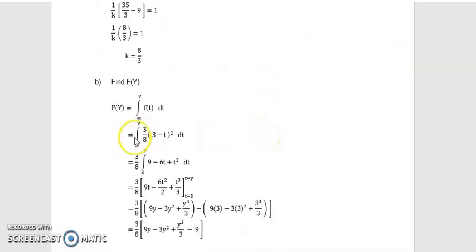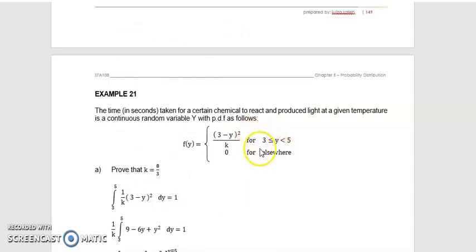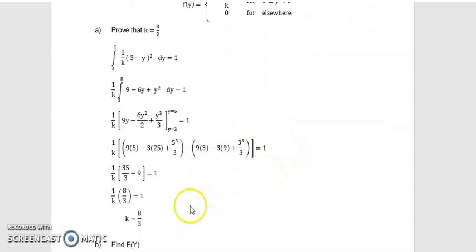Okay, look at how. The cumulative F(y) equals the integral from negative infinity to y of f(t) dt, because our variable is y. If your variable is x, replace it by x. Now we integrate with respect to t. The lower limit is 3, up to y.